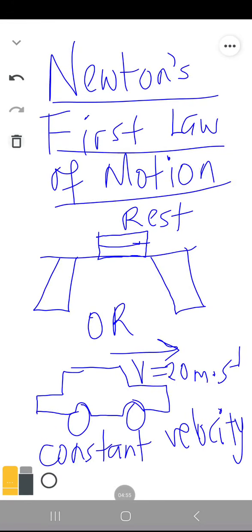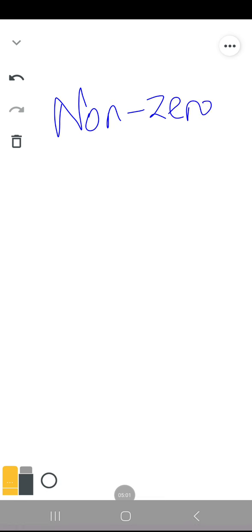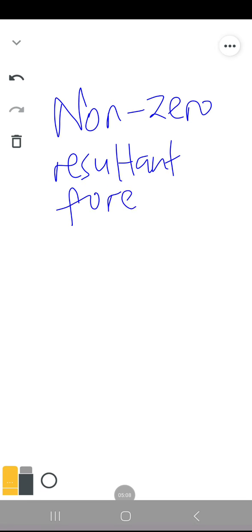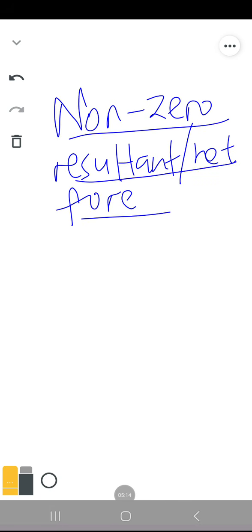It's a non-zero resultant force. It can be called resultant or net force. A non-zero resultant or net force means that your net force, F net, is non-zero.